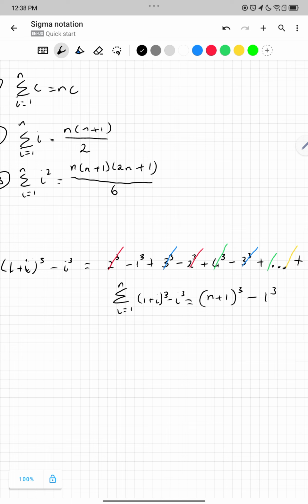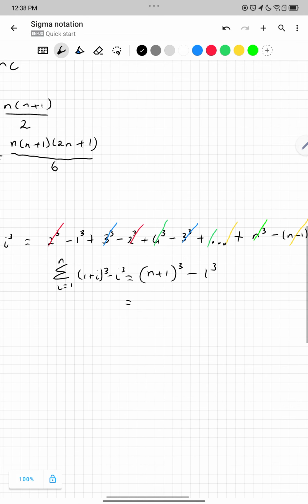Right? So this is equal to the following: (n plus 1)(n squared plus 2n plus 1) minus 1, which is equal to n cubed plus 2n squared plus n squared plus 2n plus 1 minus 1.